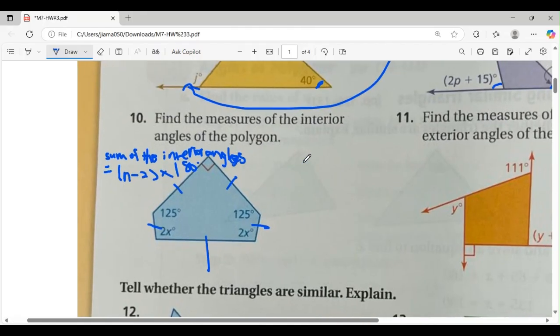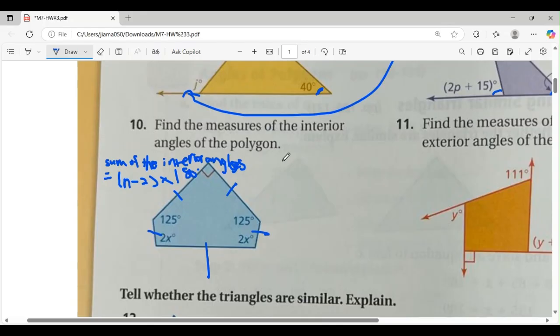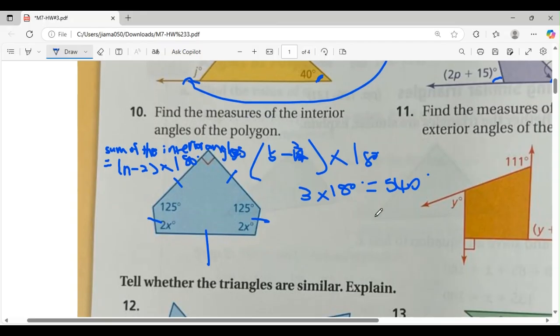This polygon has 5 sides, so we use 5 minus 2 times 180 degrees, which is 3 times 180 degrees, equals 540 degrees.